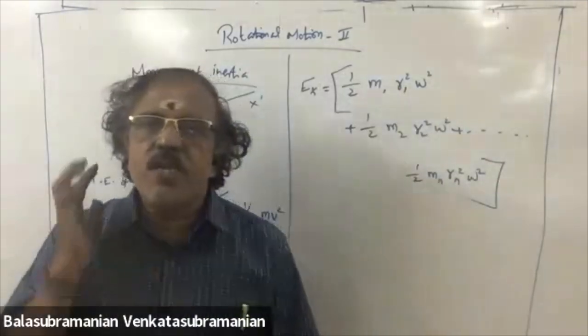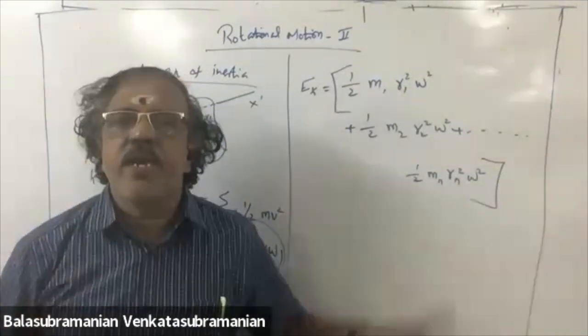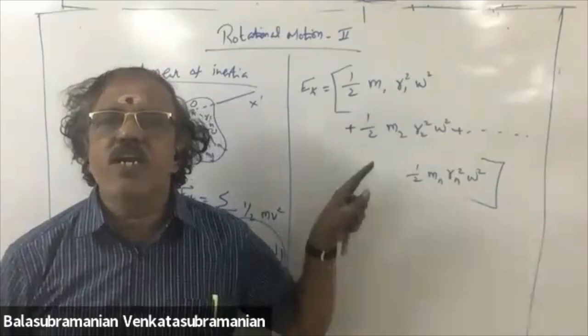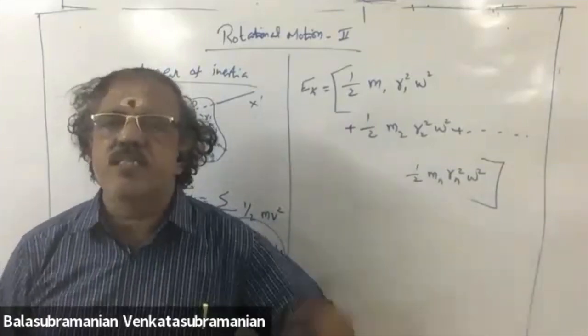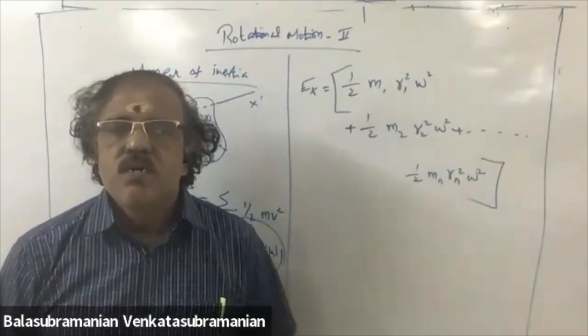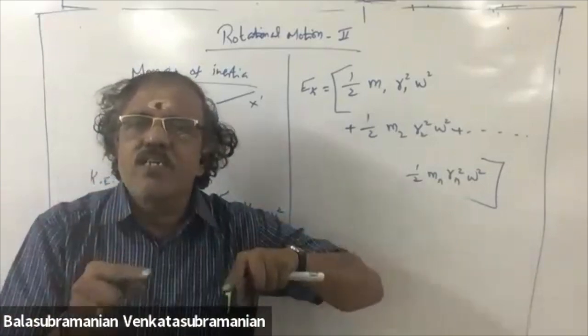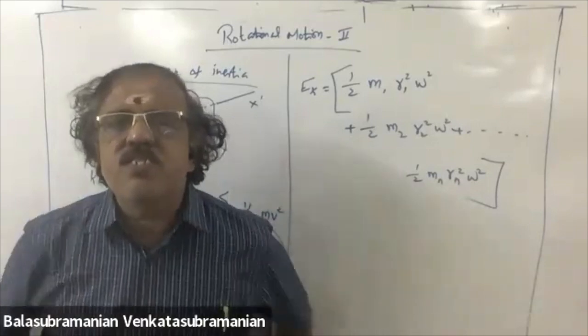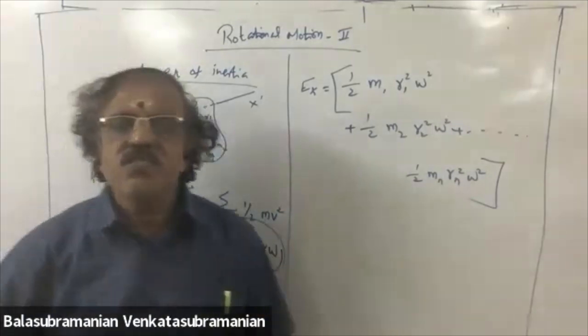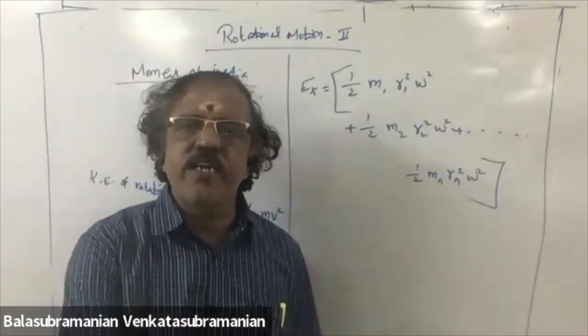Sir, why are we putting omega for all the cases? Why are we not writing omega 1, omega 2, omega 3? When the rigid body is rotating, all the particles are rotating with the same angular velocity, because the particles are inside the body.